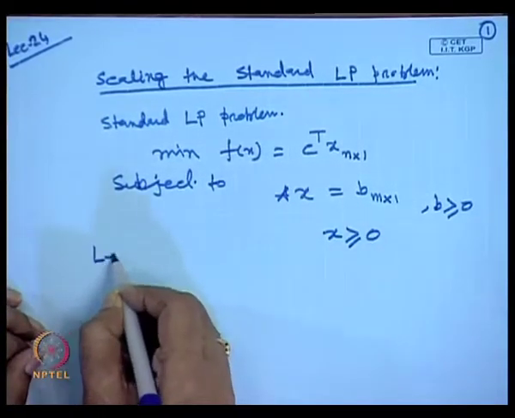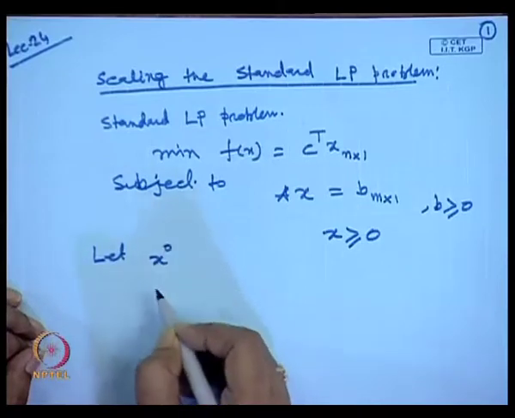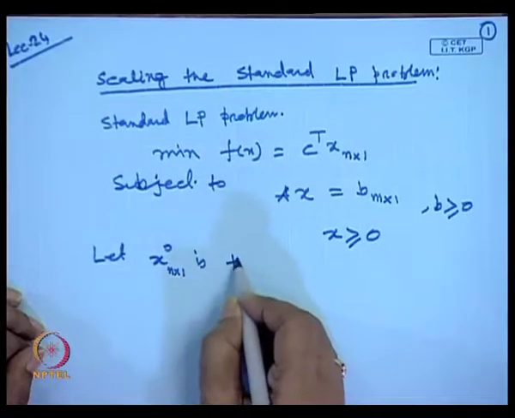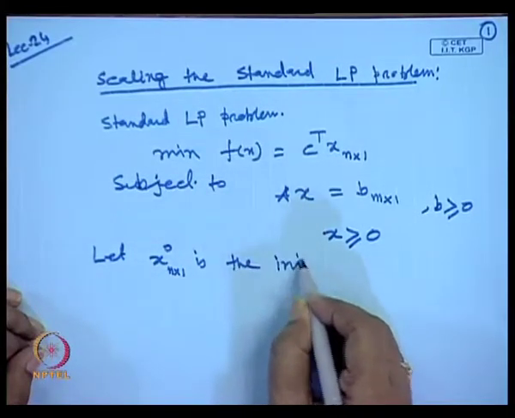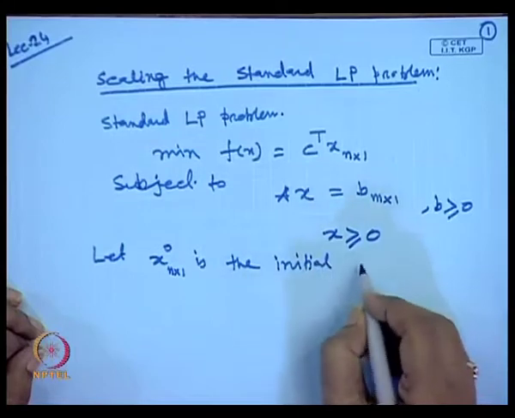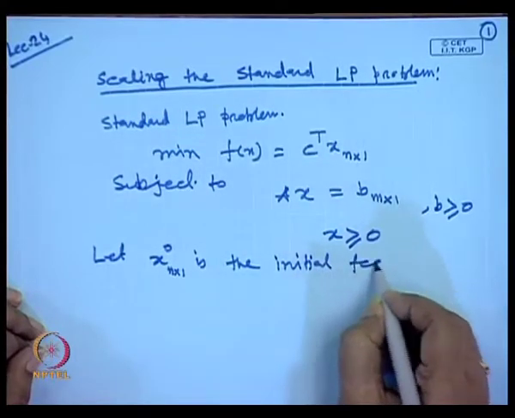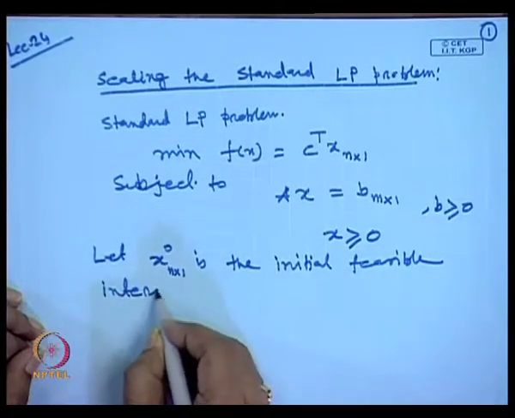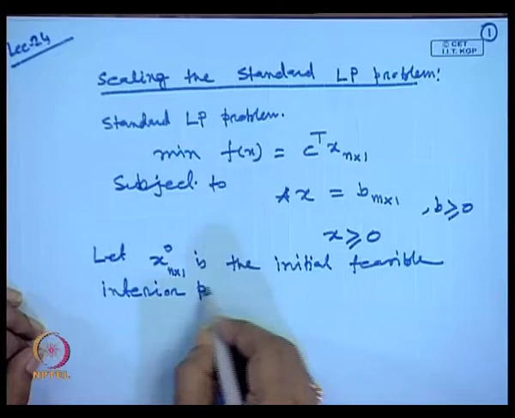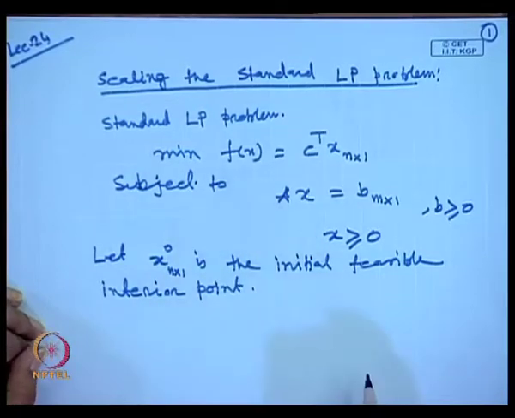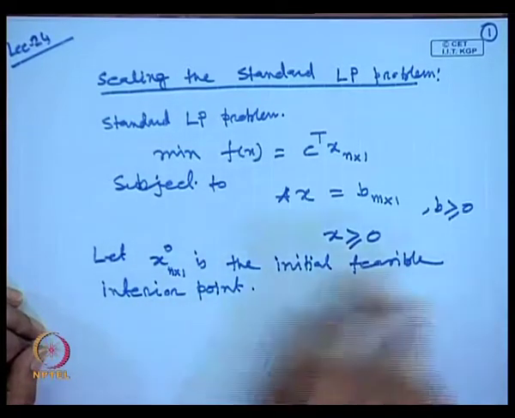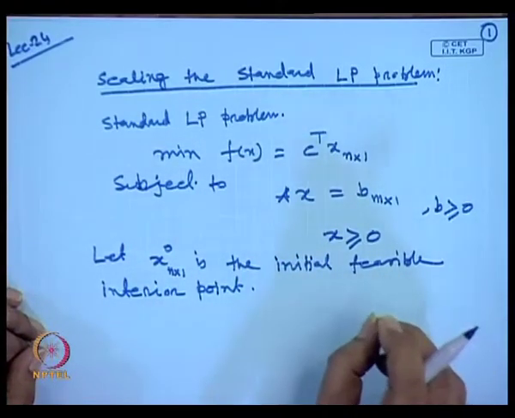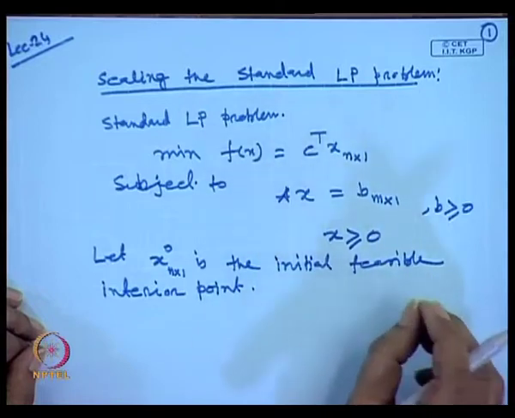Let x superscript 0, whose dimension is n cross 1, be the initial feasible interior point. We need to center this point, and this point is off-centered, that means its distances from the coordinate axes are not equal.